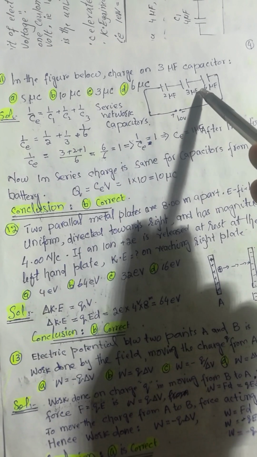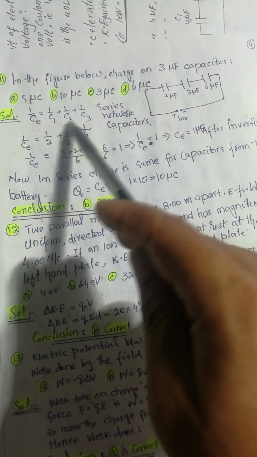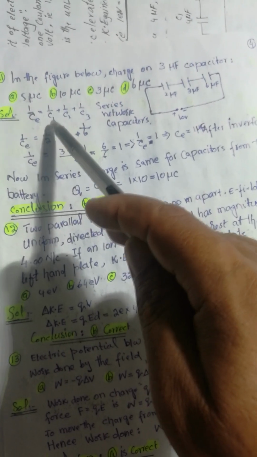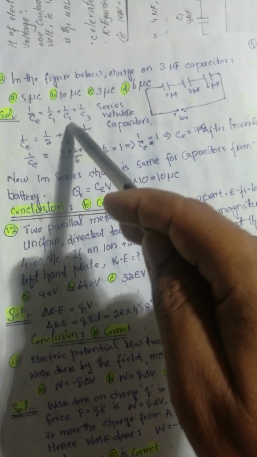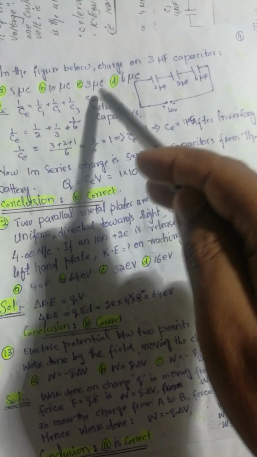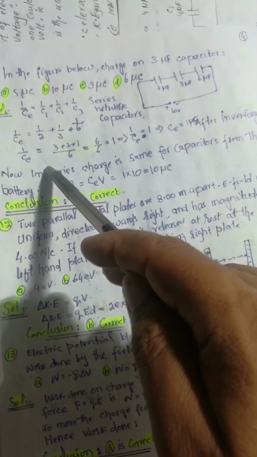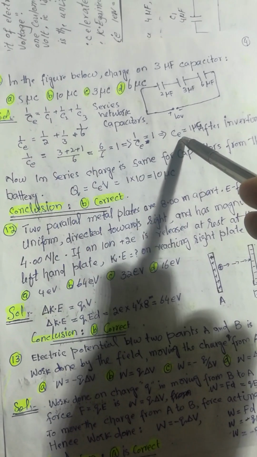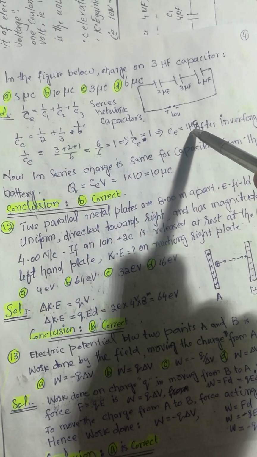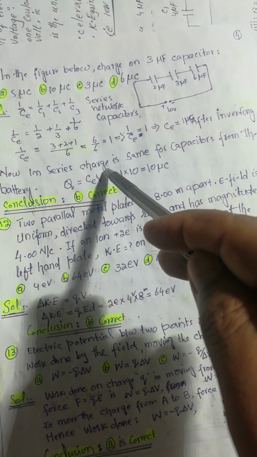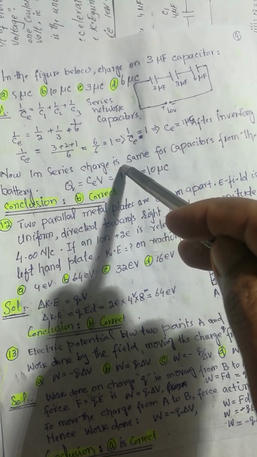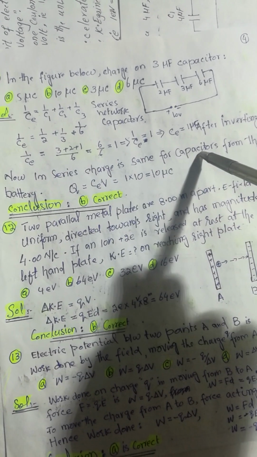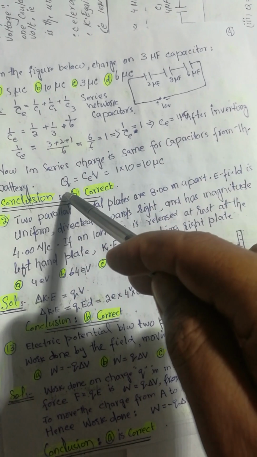In a series combination, we use the formula 1 over C equals 1 over C1 plus 1 over C2 plus 1 over C3. Putting in the values and simplifying, we get 1 over C equals 1, and inverting both sides, C equals 1 microfarad. Now in the series case, the charge is the same for all the capacitors, supplied by the battery.